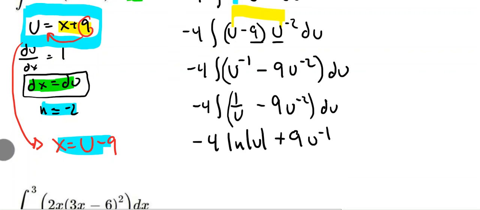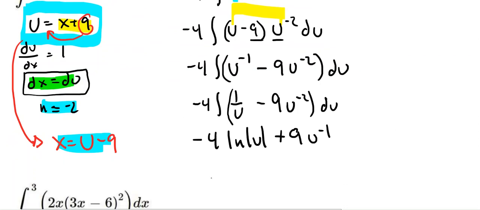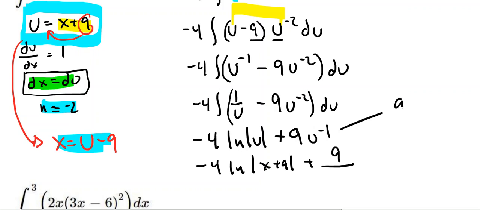And let's substitute back. -4 times the natural log of the absolute value of u, which is x plus 9, plus 9 over u to the -1, which is the same as 9 divided by u. So that would be 9 divided by x plus 9, plus c. And so there is our final answer for this particular problem.